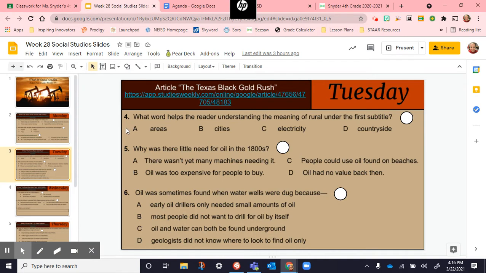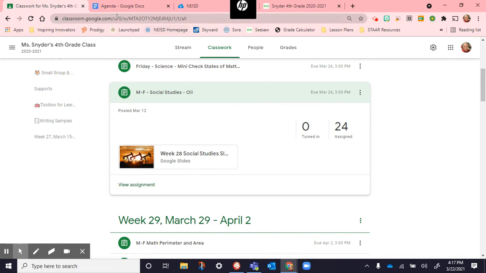Number 4, what word helps the reader understand the meaning of "rule" under the first subtitle? Number 5, why was there little need for oil in the 1800s? And number 6, oil was sometimes found when water wells were dug because why? Click on the article, which is the Texas Black Gold Rush, and complete those 3 questions.